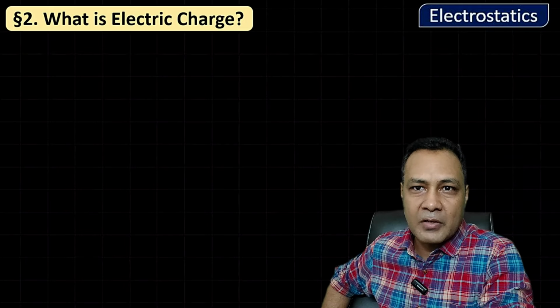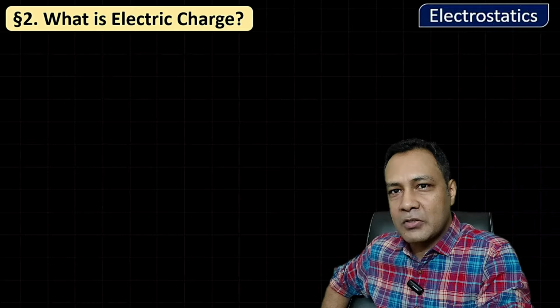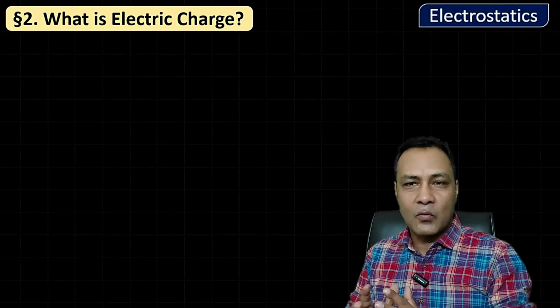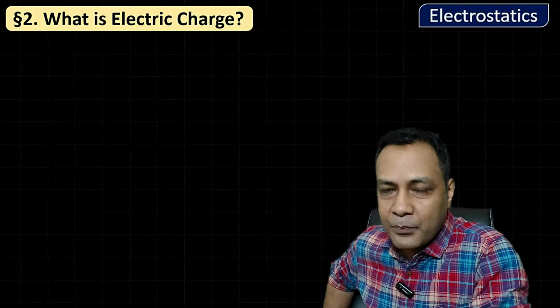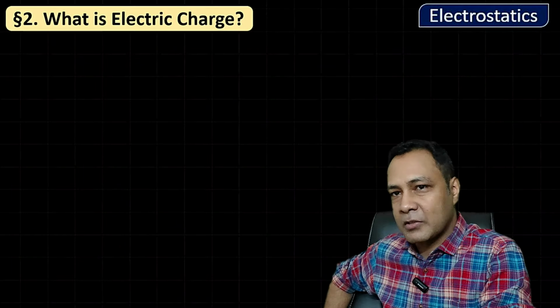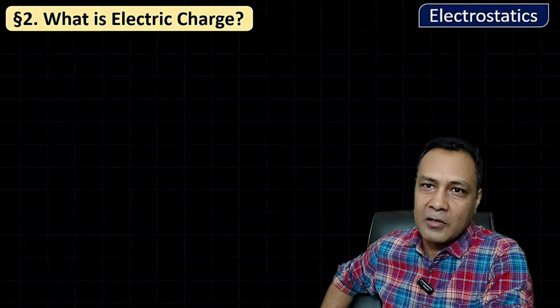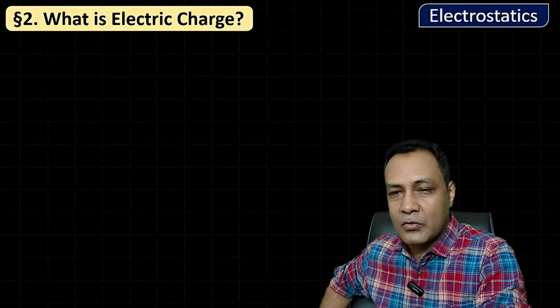Similarly, there is another property of matter, that is charge. By virtue of charge, the material that has a charge can have forces like attraction and repulsion, and when charge moves, it creates something called a magnetic field, and in that magnetic field, if another moving charge is there, that explains the force.